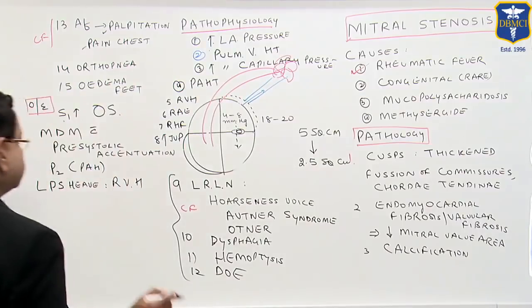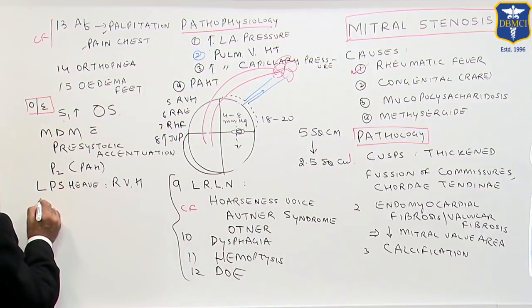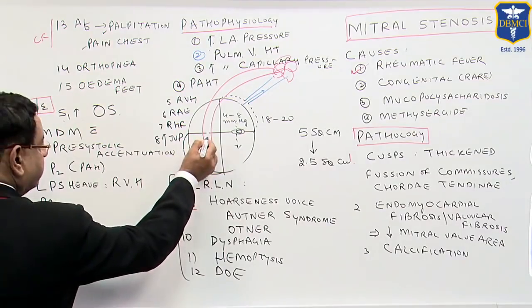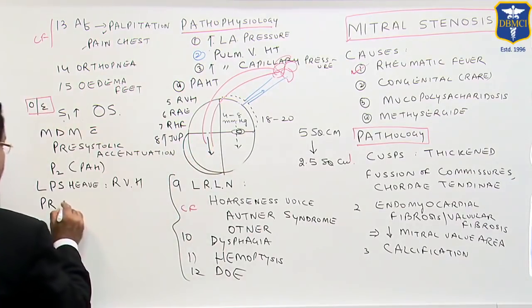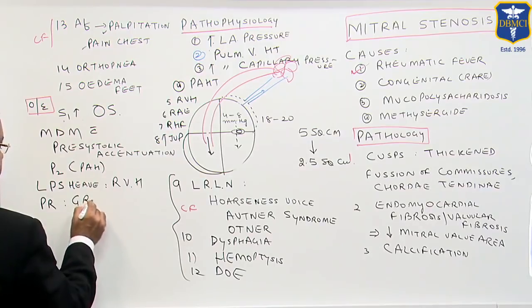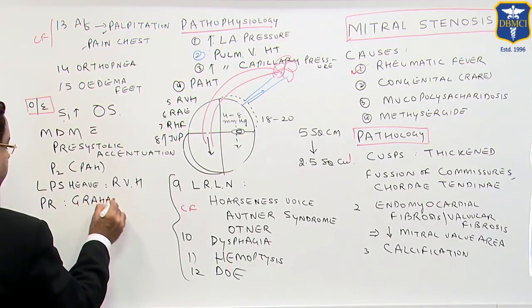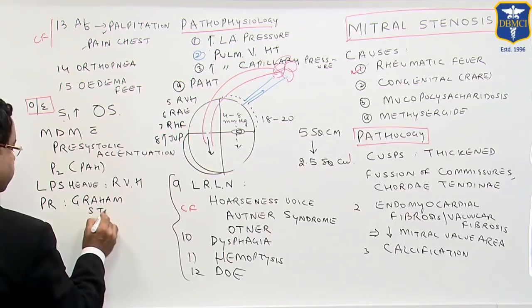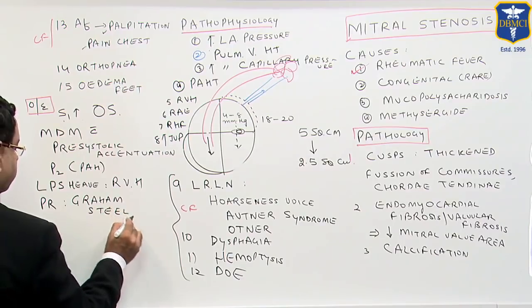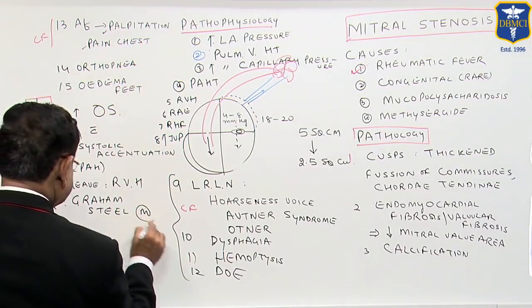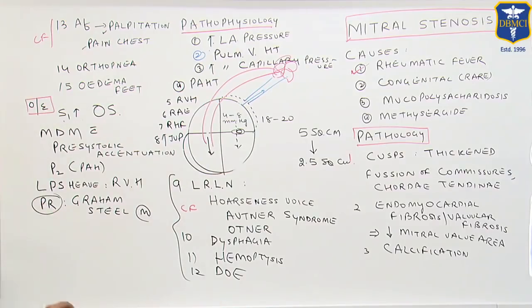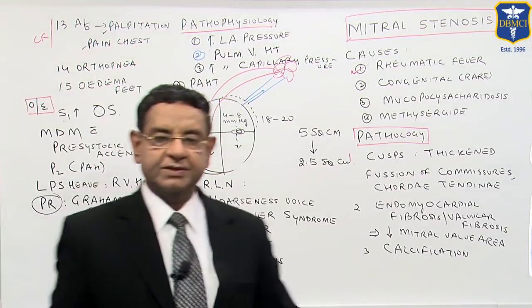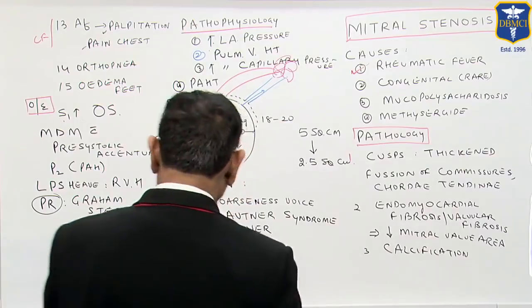In the advanced stages, you may get the murmur of PR, pulmonary regurgitation. This murmur is the so-called Graham Steell murmur. This is due to pulmonary regurgitation. Okay.